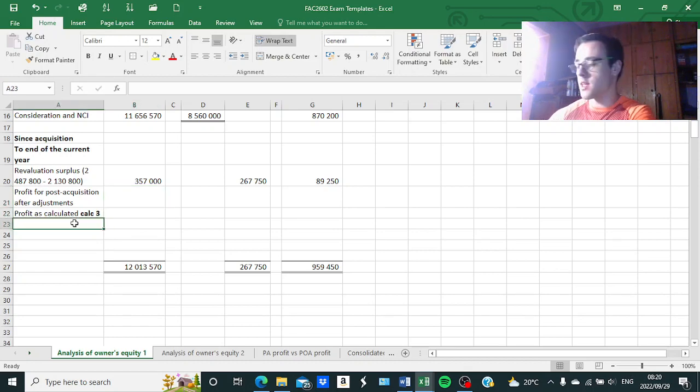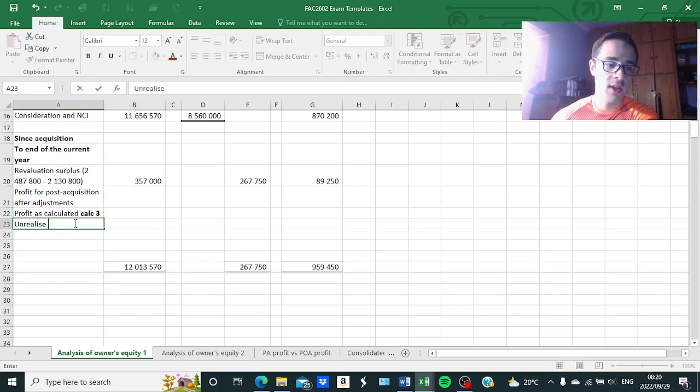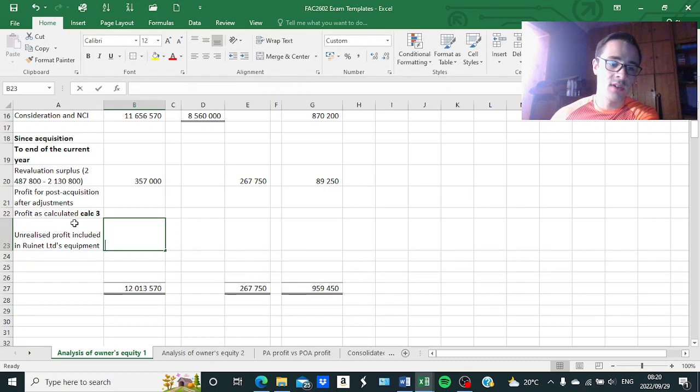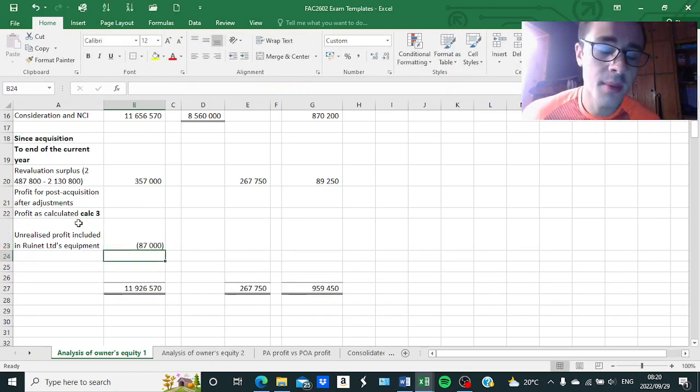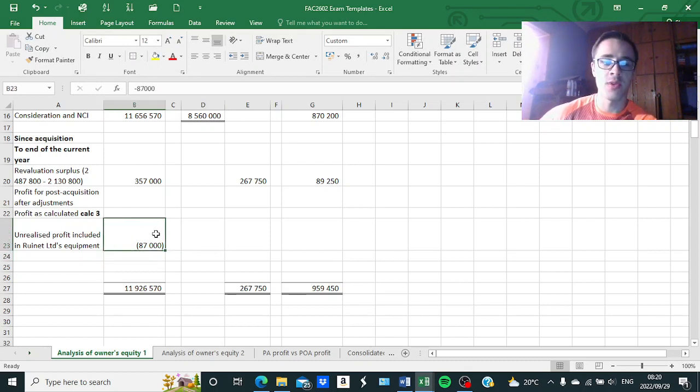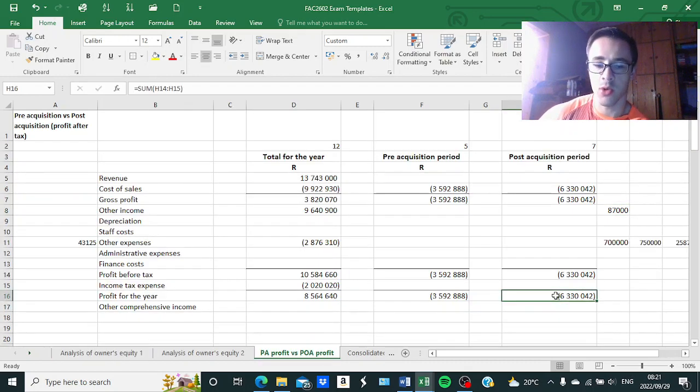And then we need to show the elimination of the unrealized profit included in Runet Limited's equipment or property, plant and equipment. Since it is eliminated, it decreases the actual profit made by the subsidiary. So we show it as a negative amount because the profit that is eliminated decreases the actual profit made by the subsidiary. This amount right here will be the post-acquisition profit that we will calculate here.